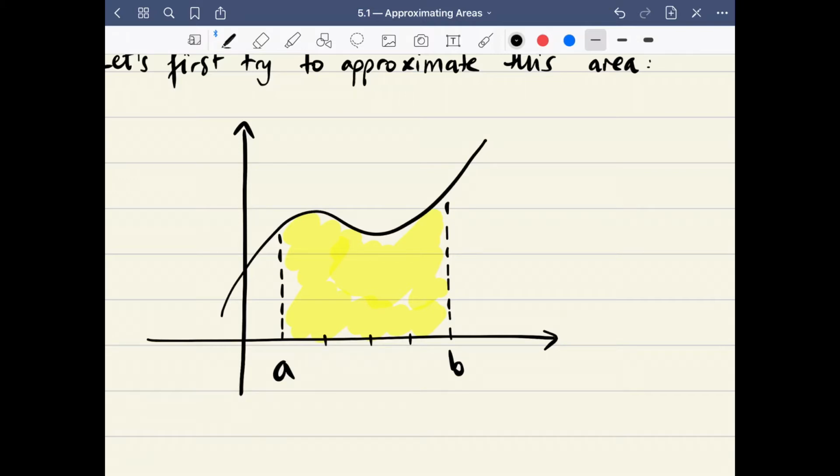So first let me draw these dotted vertical lines for each point. And then I'm going to construct rectangles where the height of the rectangle, for example, let's look at the first one, is going to be the value of the function on the right endpoint. So let's do that. I'm going to construct this rectangle here.